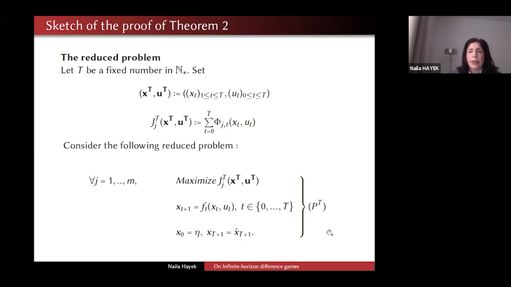We will see what this is. I call it the problem P, upper-indexed by capital T.